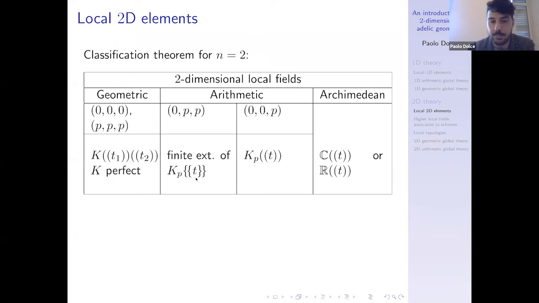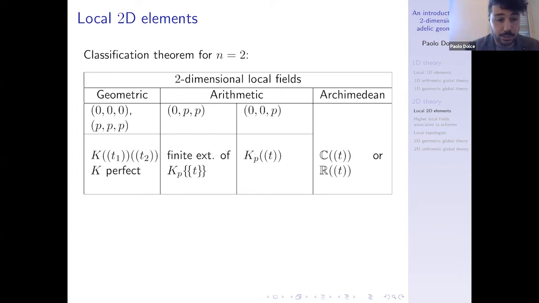The second one I will explain in a moment. The third one is the Laurent power series over Kp, which is just a finite extension of the p-adics. And then, as I told you, we have the Archimedean fields that here will be considered as two-dimensional.